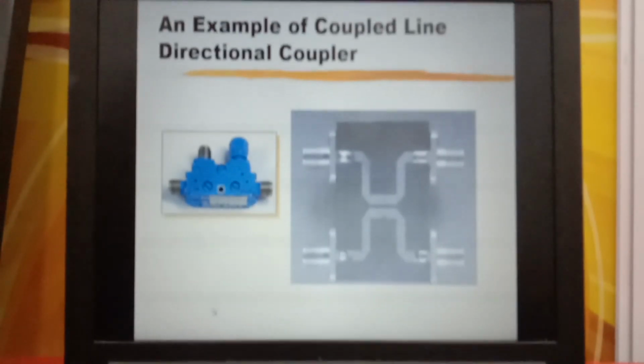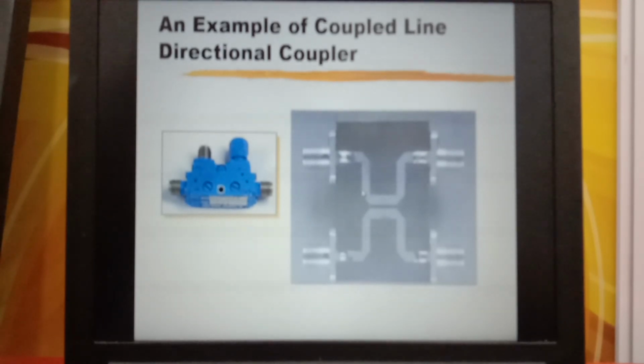This is how a coupled line directional coupler looks like. It basically consists of a pair of microstrip lines separated by a small gap.